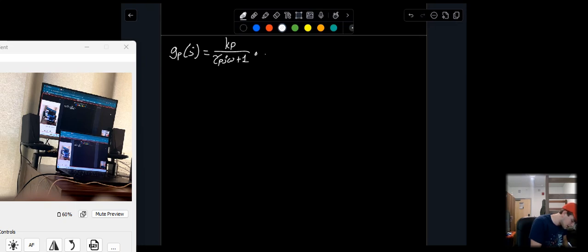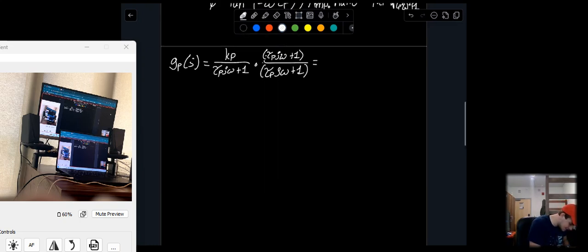And then multiply both terms by tau p j omega plus 1 over tau p j omega plus 1. That will give us what? No, it does nothing. We need to be multiplying by the conjugate here, right? There we go. Okay.